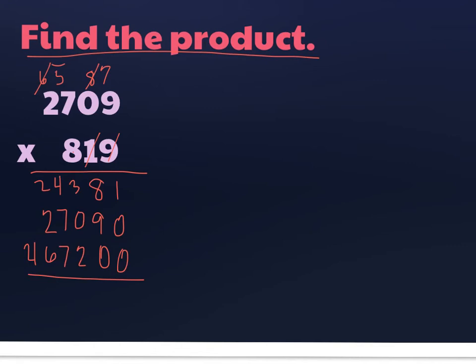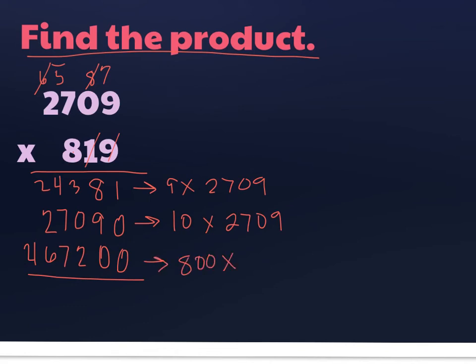And remember, like your notebook, this is really saying 9 times 2,709. Here is where we said 10 times 2,709. And then the last one is where we said 800 times 2,709.